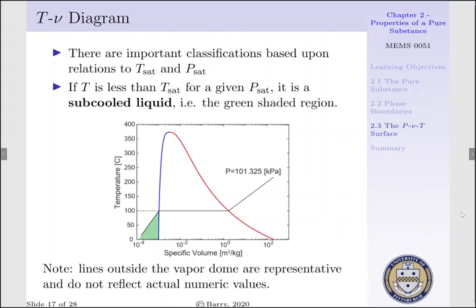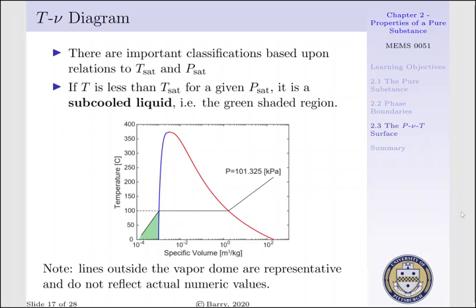Now, there are very important classifications based upon our relationship to Tsat and Psat. For instance, if our temperature is less than our saturation temperature for a given saturation pressure, this is referred to as a subcooled liquid, and this region is indicated by the green shaded area on our TV diagram.